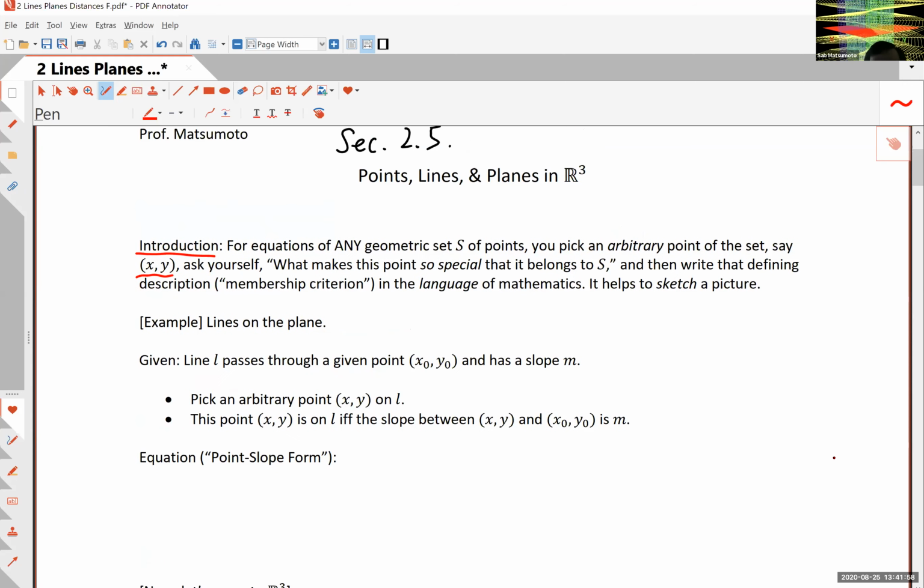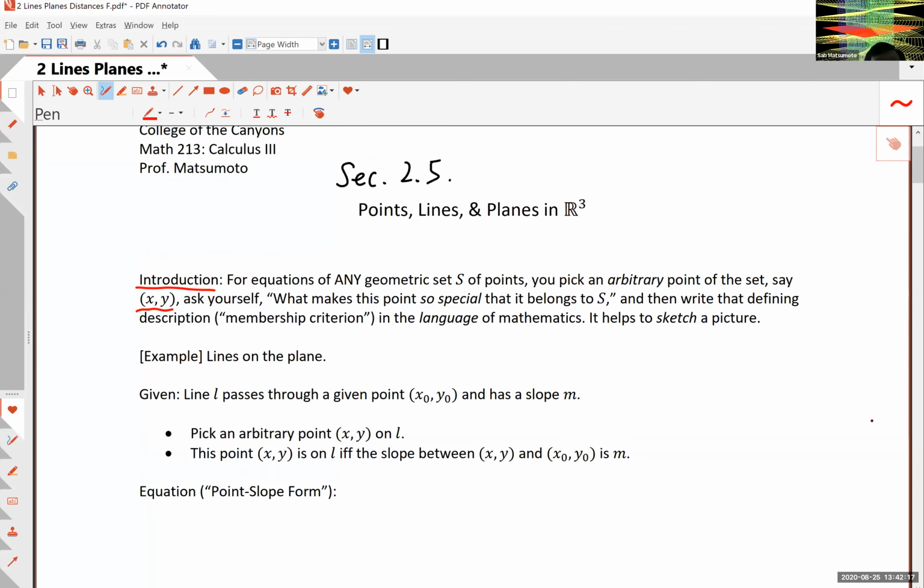Let's say S is a circle centered at the origin of radius 5. Is (5, 0) part of the set? In other words, is (5, 0) on the circle of radius 5? Of course it is.